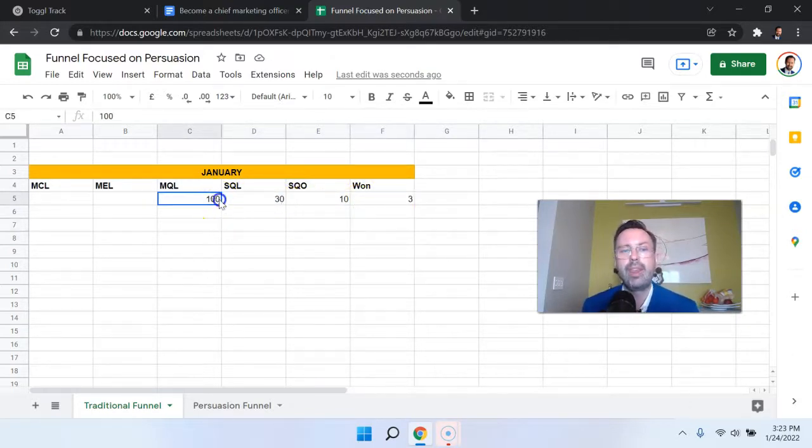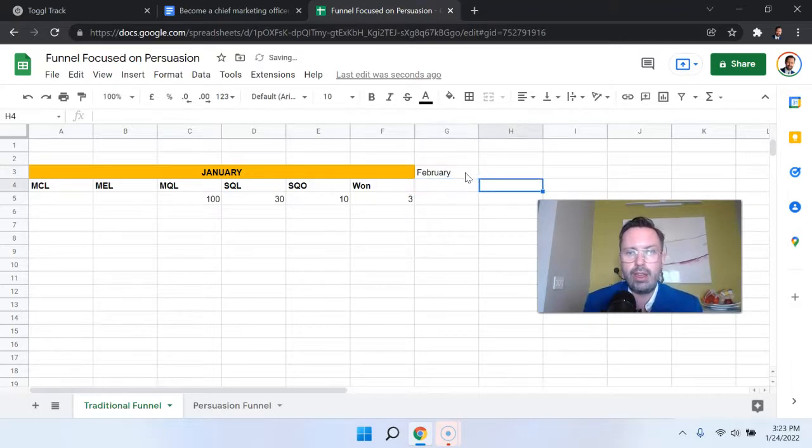This would be a standard collection of data that you're going to be looking at. Now, the problem here from a technical perspective is that the MQLs here are not necessarily resulting in the SQLs in the same month. So what may happen is you may be looking at January, February, and then March.